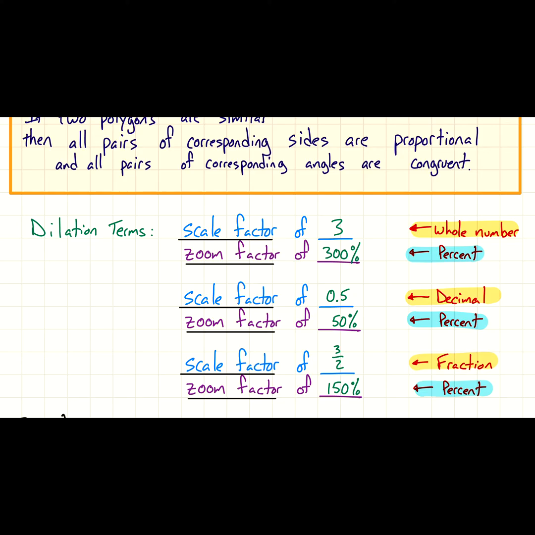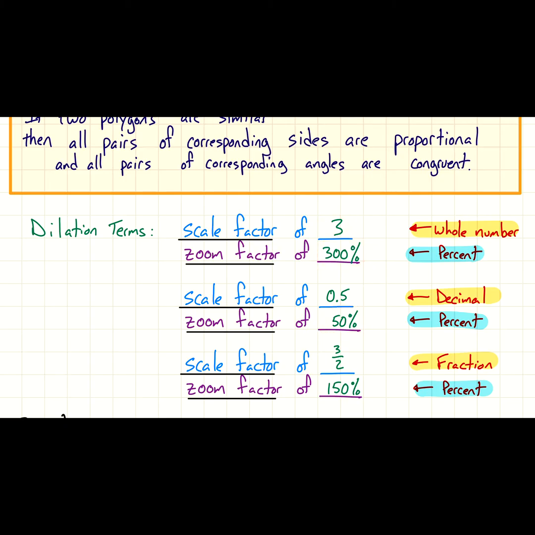That should make sense because we always start off at 100%. If I start off at 100% and I have half of it, I divide it by 2, this is going to give me 50%. All right, so 0.5 is the same thing as 50%. 3 is the same as 300%.